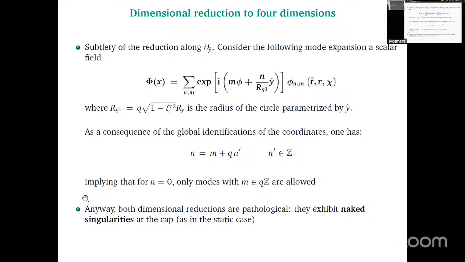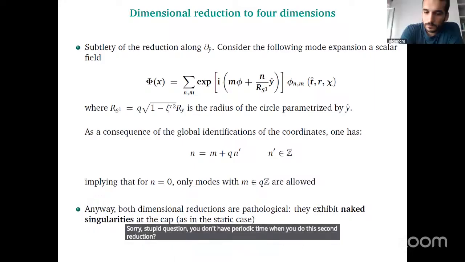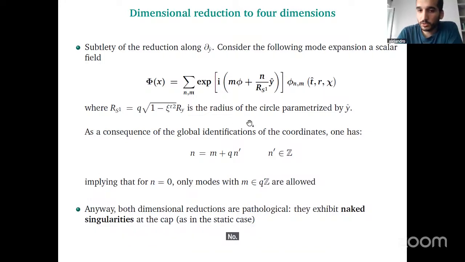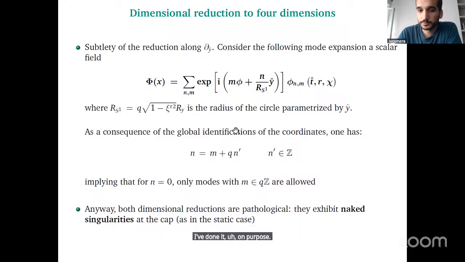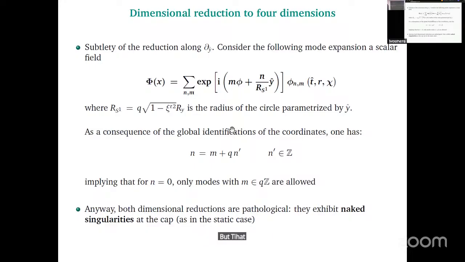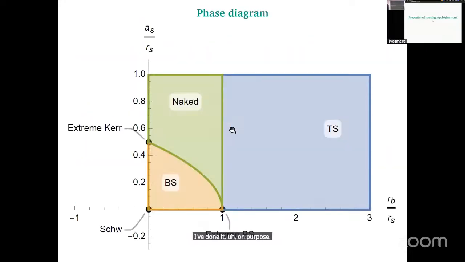Sorry, stupid question. You don't have periodic time when you do the second reduction? No, the coordinate t hat doesn't enter in the periodic identifications anymore. I've done it on purpose. Sorry, can I go back to the t hat? I'm a bit confused.